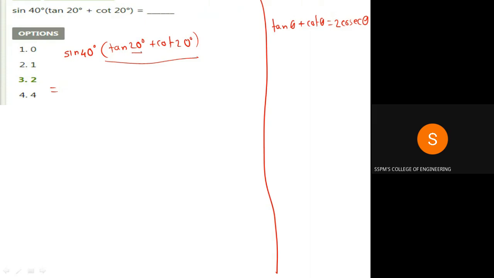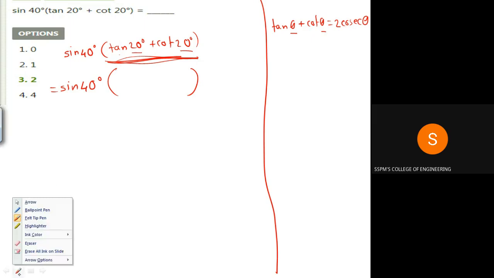Theta is 20. So we will first write sine 40 degree as it is. And instead of tan 20 plus cot 20, we can write 2 cosec 2 theta.